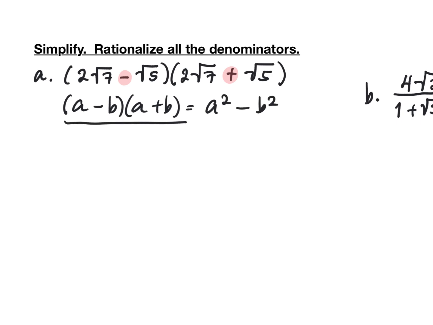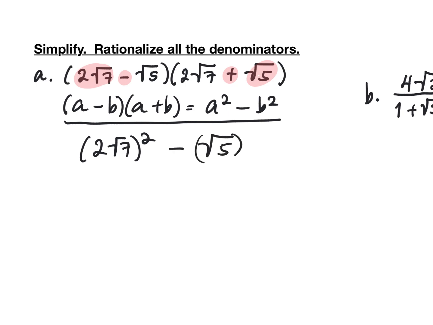So with this in mind, I'm just going to get the first term in here, and the last term. And I'm just going to square them with negative as the operation in there. So let's do that. 2 root 7, I'm going to square that, and then minus root 5 squared.